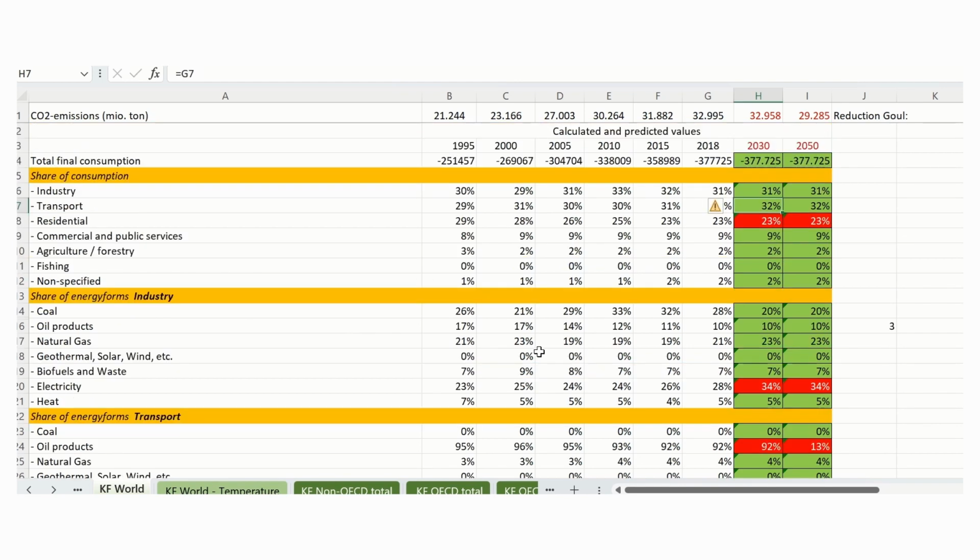This version of the climate scenario model is easier to work with. This was the tutorial for the climate scenario model, and I hope that you will just go in and play with the model.